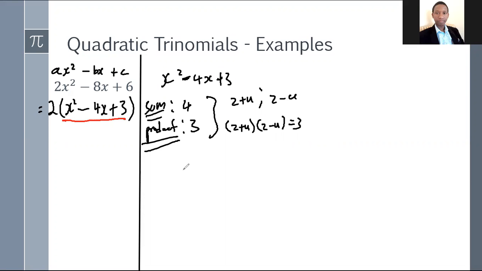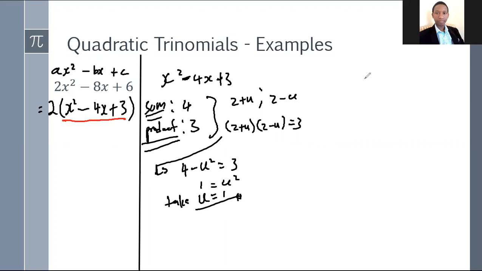So I'm going to work with the product here, and you know the product will always give you the difference of 2 squares. So I'm going to have 4 minus u squared is equal to 3. Guess what? I have 1 equals u squared. As I said, I'm going to pick the positive solution, so I'm going to take u equals 1.